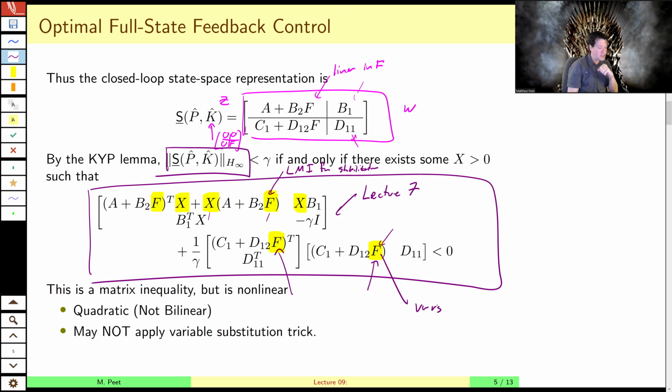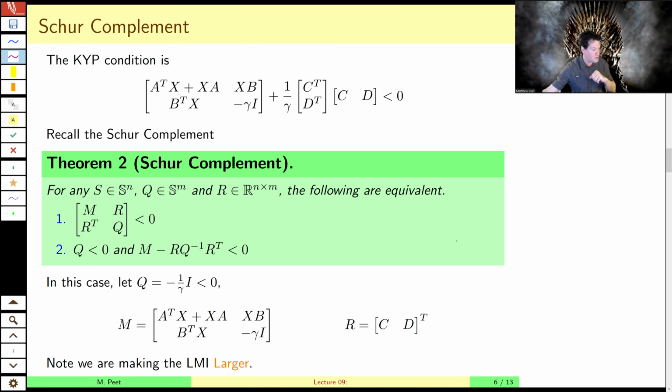And the first step is to note that this looks suspiciously like something we'd seen in the Schur complement. So in particular, if we go to a previous slide, if you remember the Schur complement, it has this term which doesn't get touched, which goes straight to this matrix here. It also has this quadratic form, where the R's become linear in R, and this Q matrix goes over here.